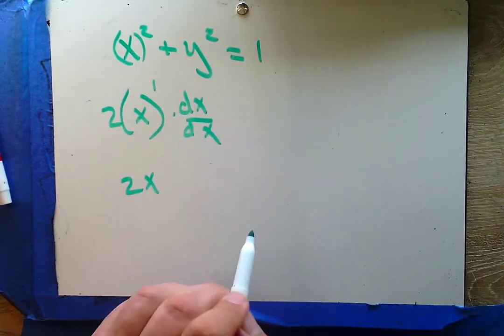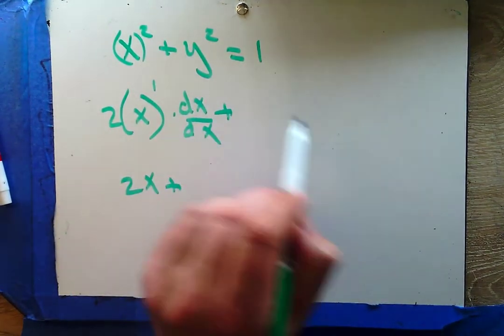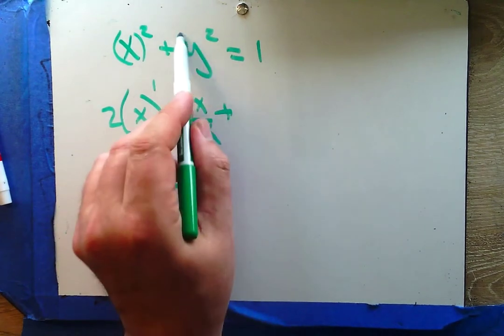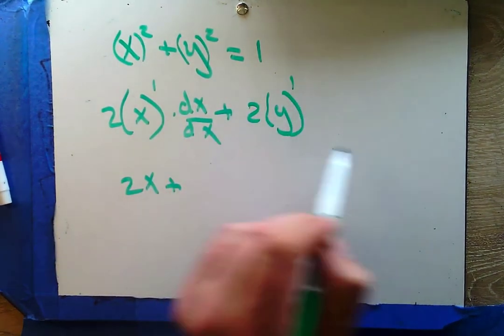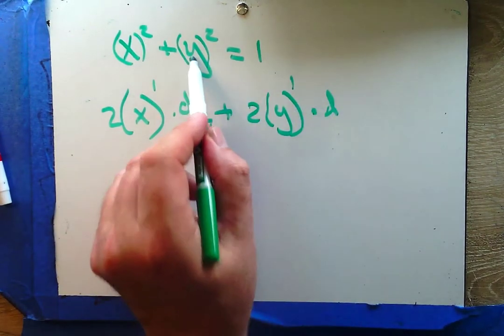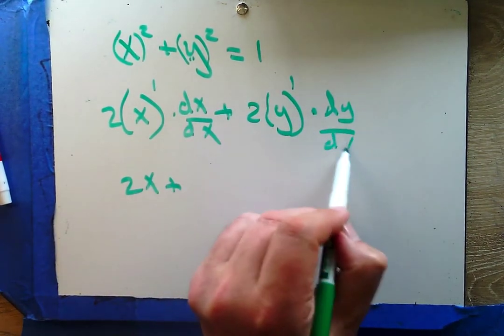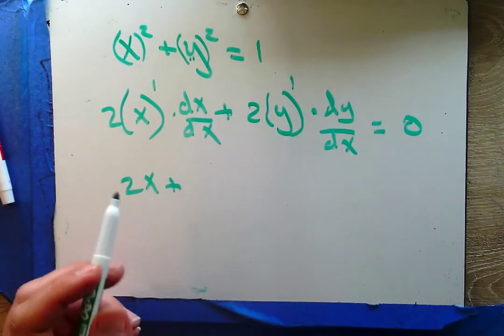And then I'm taking the derivative of the inside with respect to x. So I just have 2x. But then my plus sign, and I'm taking the derivative of the outside, leaving that inside alone. Don't forget to subtract 1. But I have to come back and take the derivative of that inside with respect to x. Derivative of 1 is 0.